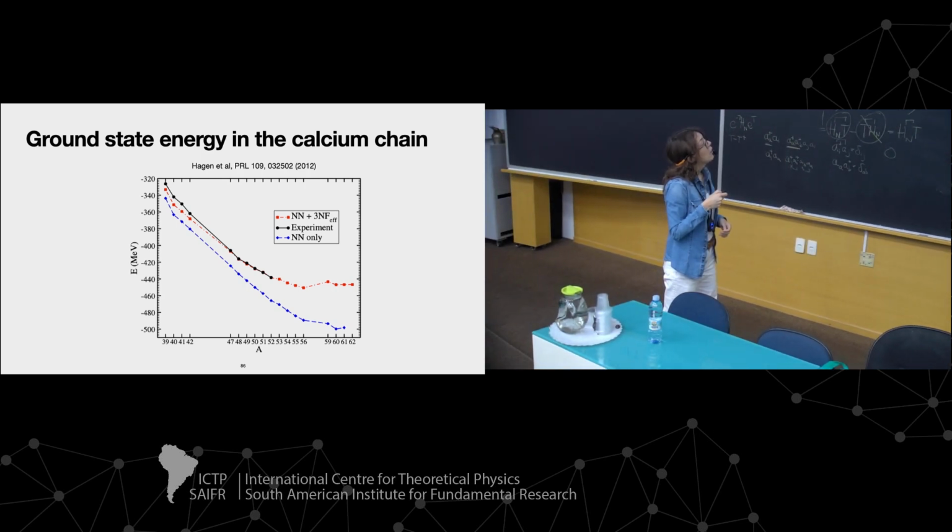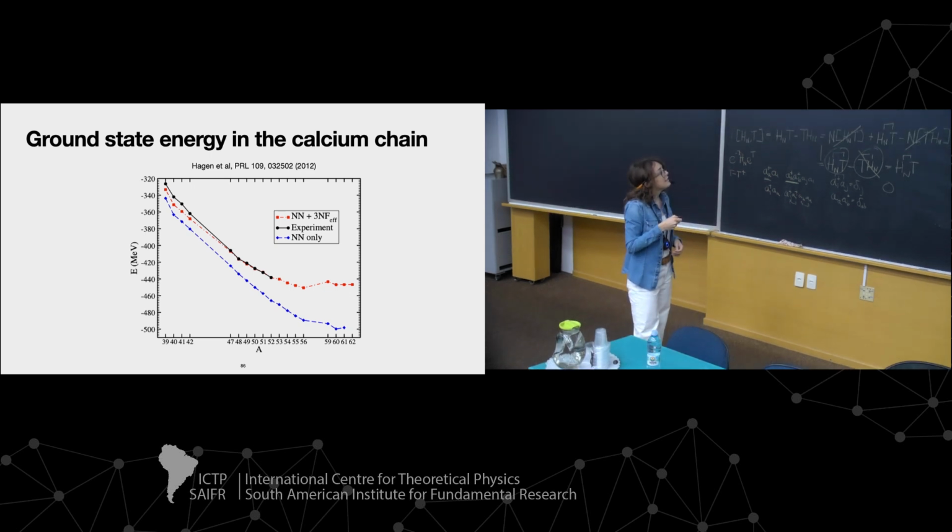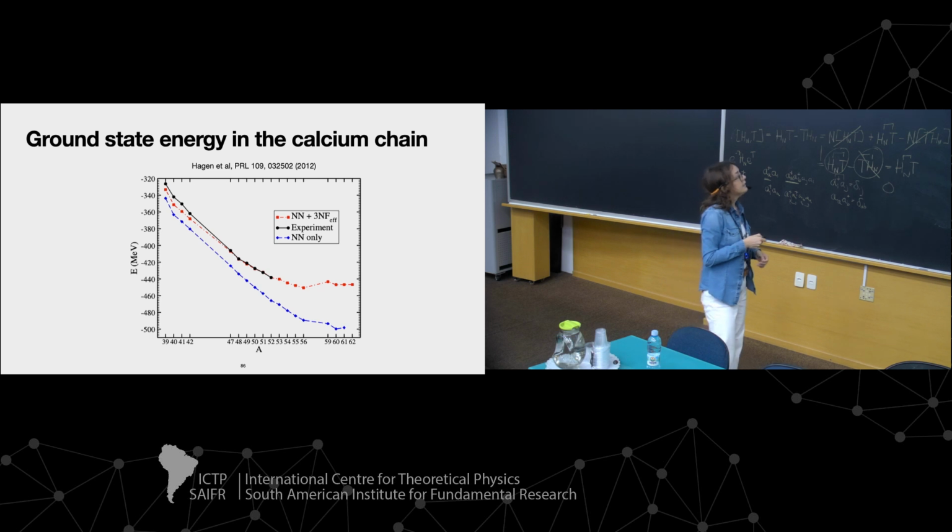We see what happens when we just consider two-body forces, and then we also add three-body forces. We see that this is crucial in order to get on top of the experimental data, and also the drip line that we predict if we include three-body forces is different from what we would get without them.